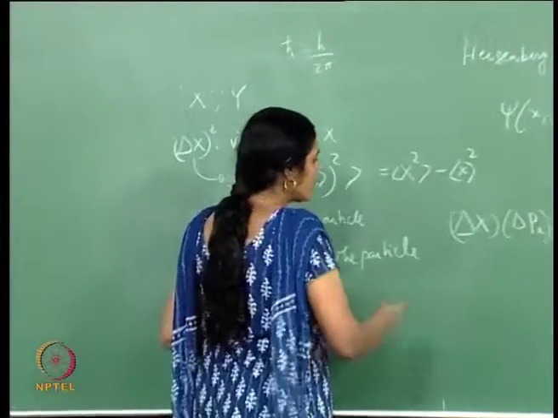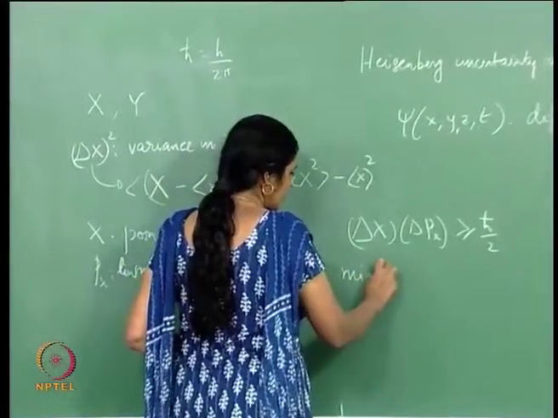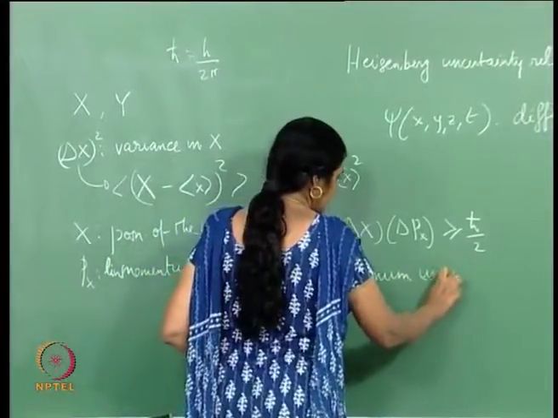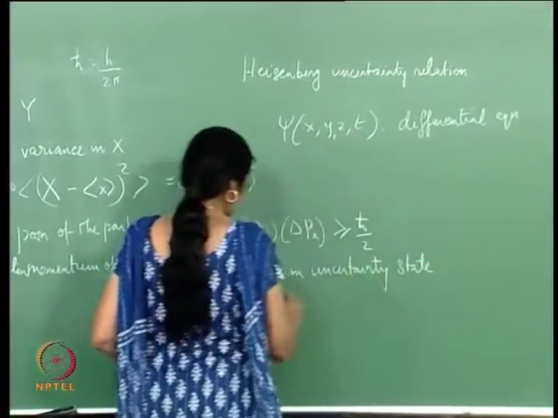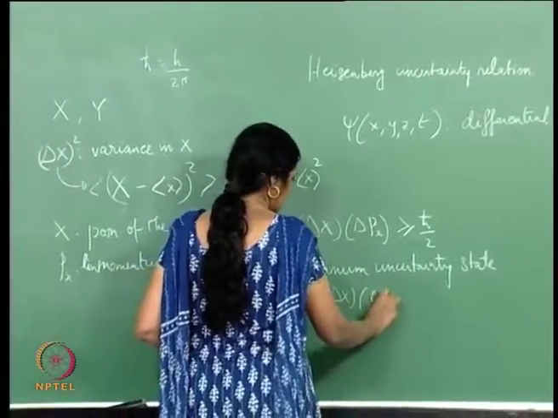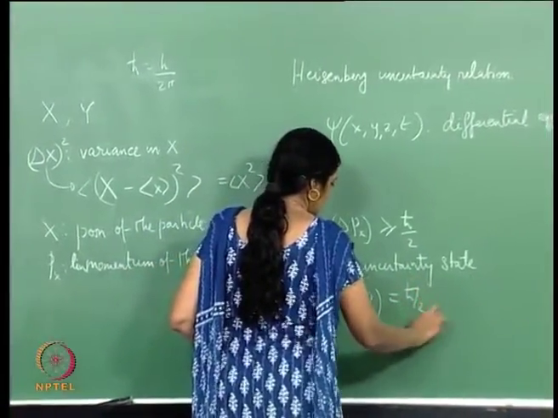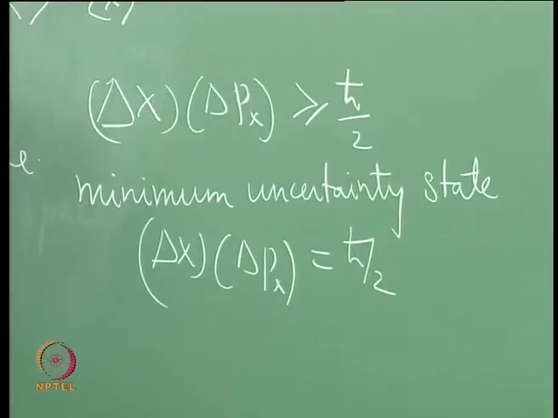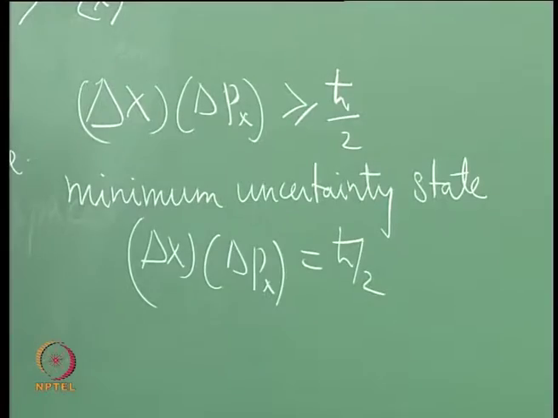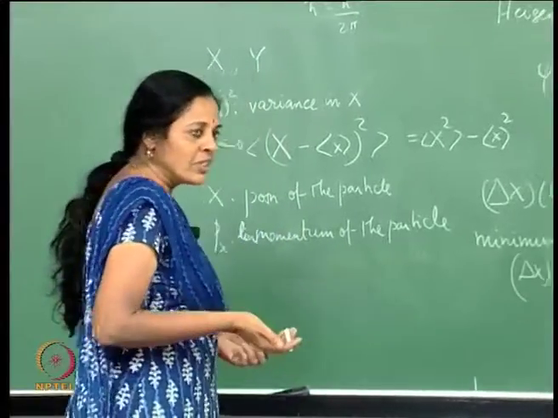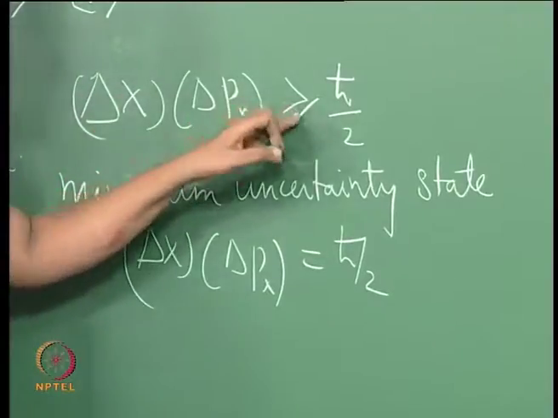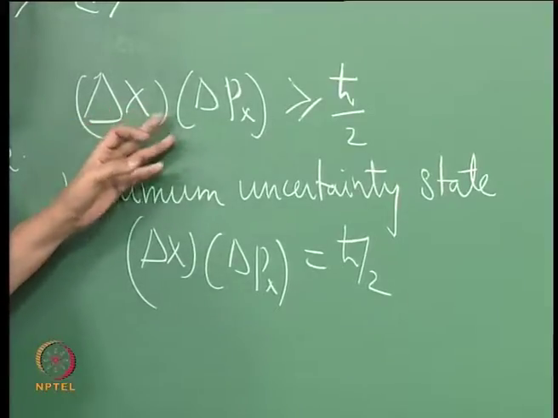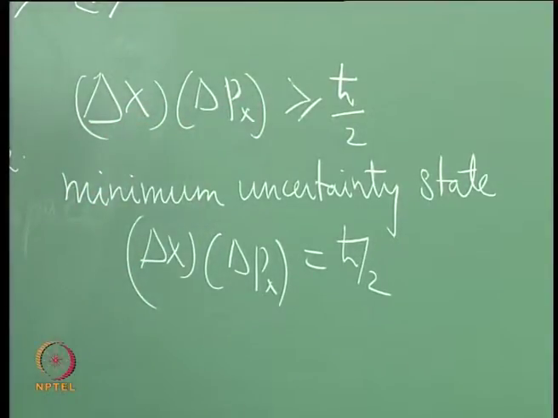In a minimum uncertainty state, the equality is satisfied. In general, it is greater than this bound. There is no way, by reducing instrumentation errors and improving human effort, of bringing this down to 0, whereas in classical physics it is possible that the measurement gives you delta x delta p x equal to 0.